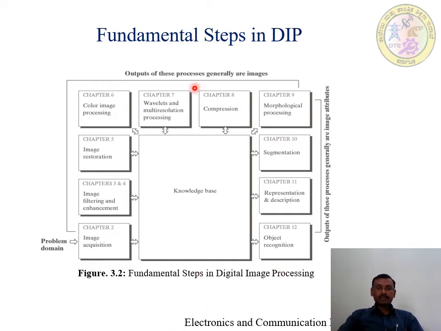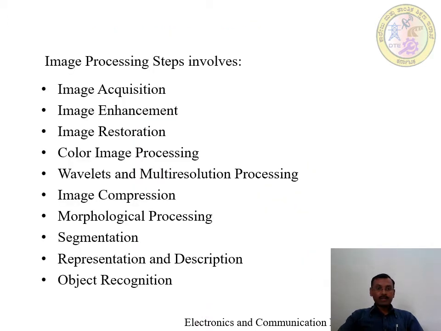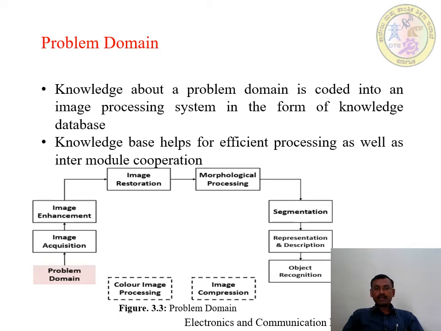The fundamental steps of digital image processing involve image acquisition, image enhancement, image restoration, color image processing, image compression, morphological processing, segmentation, representation and description, and finally object recognition. Now let us look at each of these steps of digital image processing.